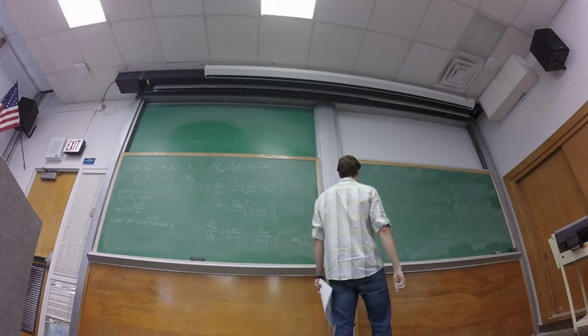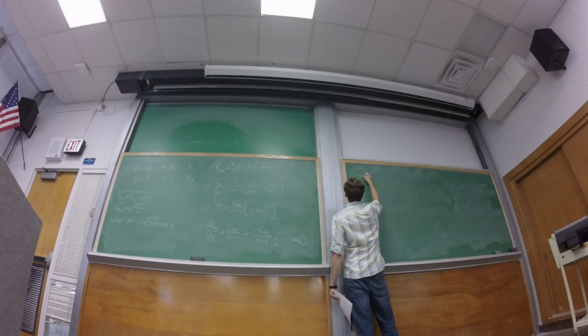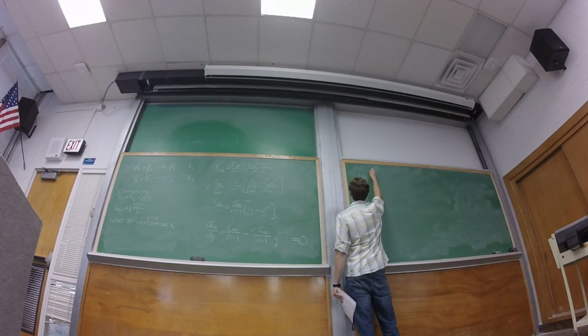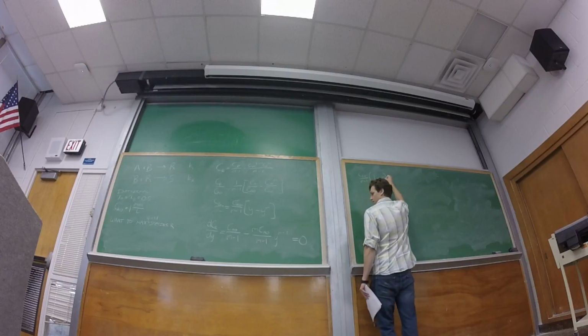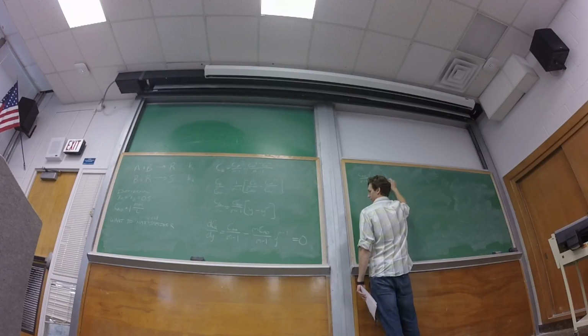All right, so from here you can just factor out the CA naught over m minus 1. That gets you 1 minus m y to the m minus 1.